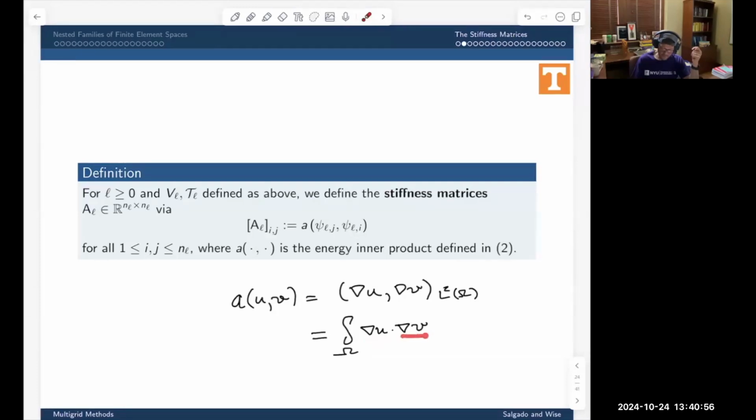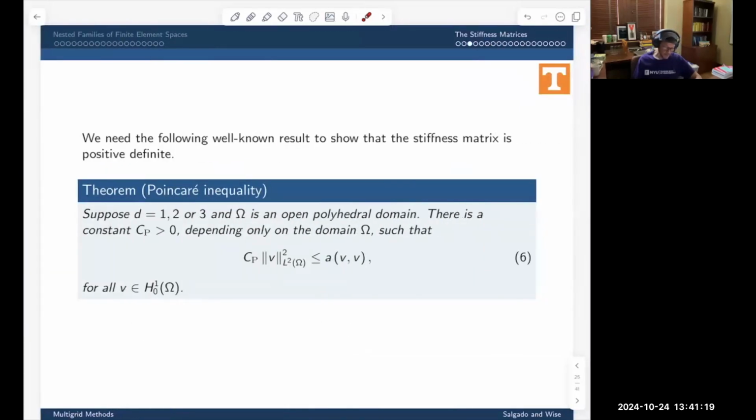And this is also a vector, so we dot them together. Those are two vectors that give a scalar once we do the dot product. And so once we do the dot product, we can then integrate this in the ordinary sense because this is just a function. So this is how we define this object. This is what we call the energy inner product or the A inner product, that was defined in equation 2.